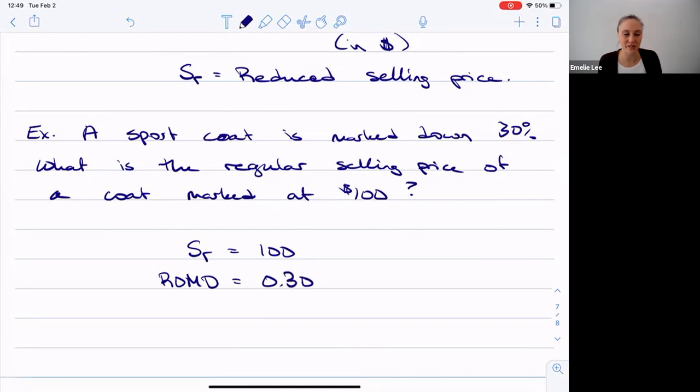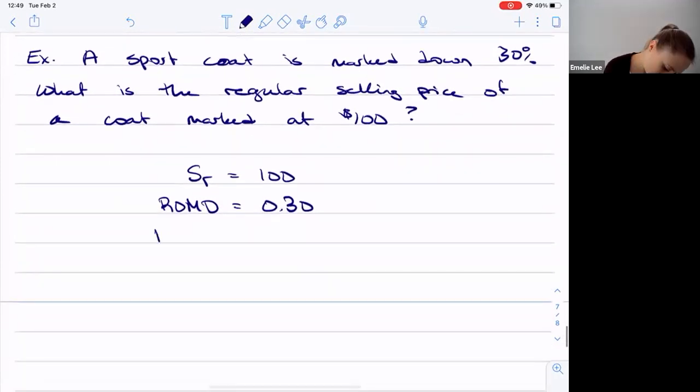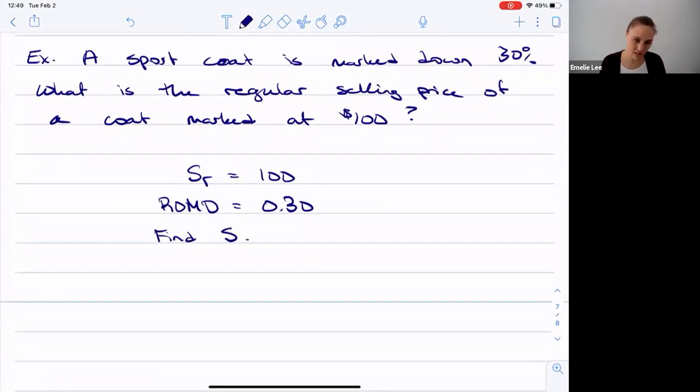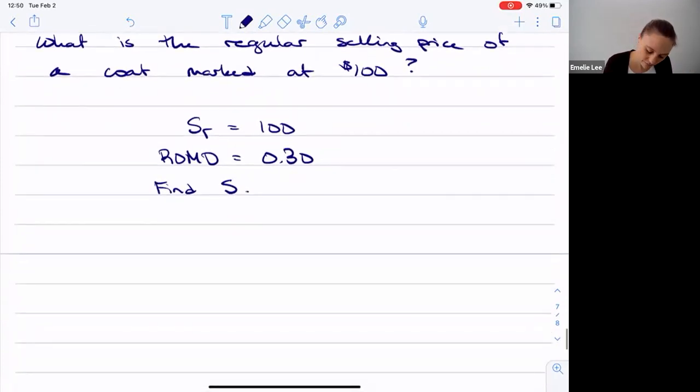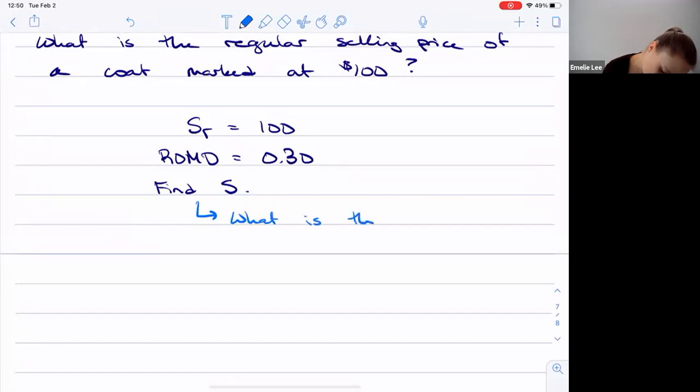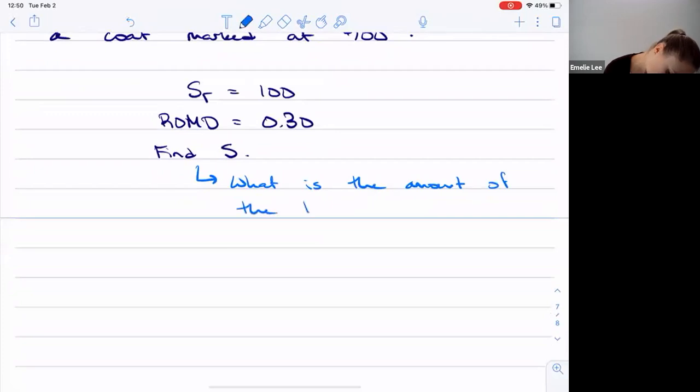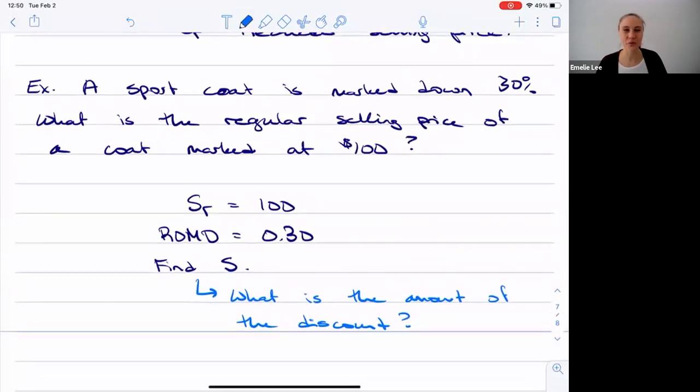Remember, we use decimals in our calculations, and we want to find S. And then, as an added bonus, what is the amount of the discount? That's where I want to leave you today, and that's where we'll start next day. Next day I'll just copy this chunk and we'll work through it, but I encourage you to work through it on your own to see if it's jiving.